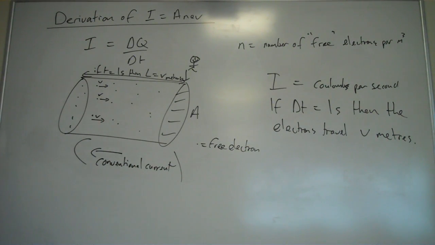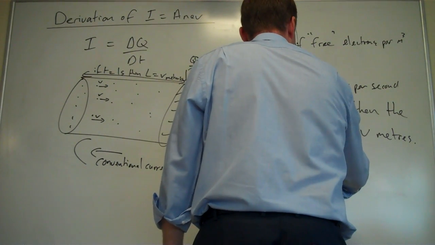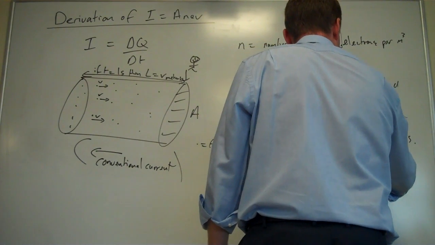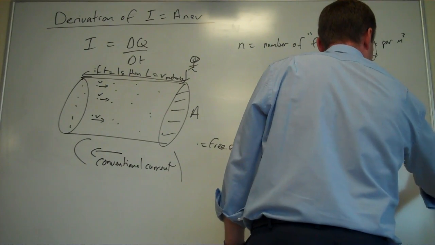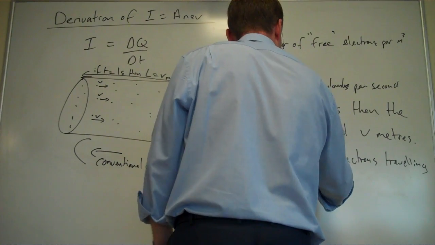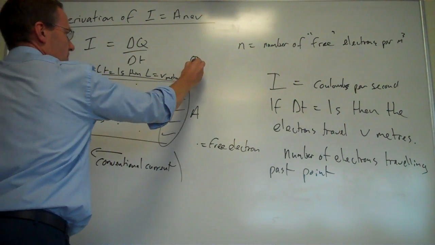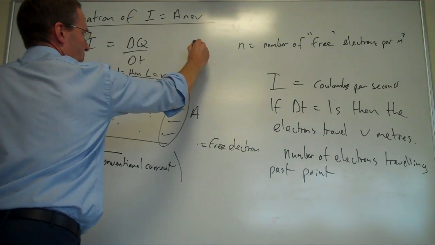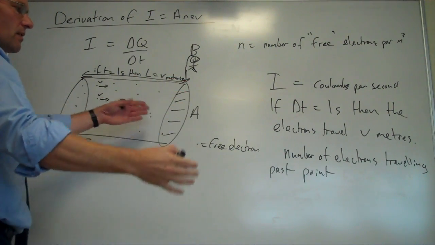So we now can work out how many electrons are in there. Okay? So number of electrons travelling past point, I'm going to give this point a name. We'll call it point B. So that end is point B, just so we can refer to it.